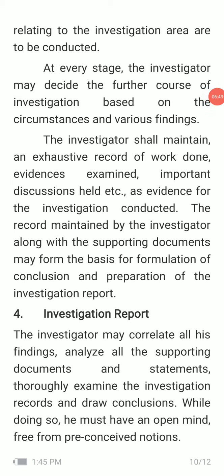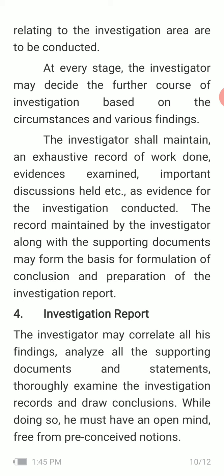Here the investigator may correlate all his findings, analyze all the supporting documents and statements, then thoroughly examine the investigation records and draw conclusions. So he will analyze everything he has done: the findings, all the documents, then the statements.